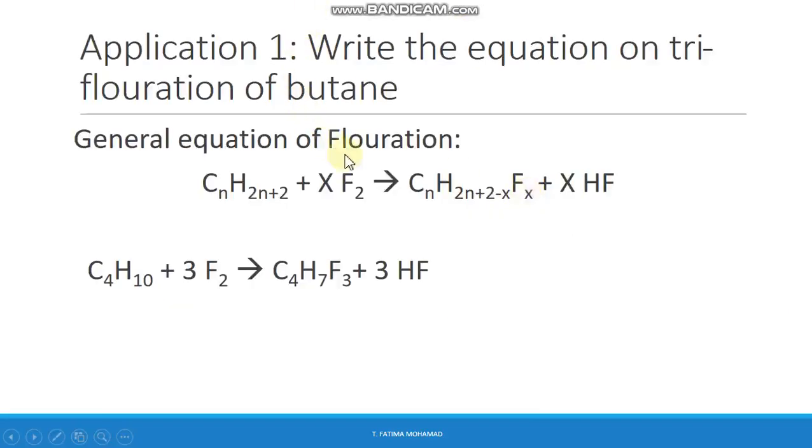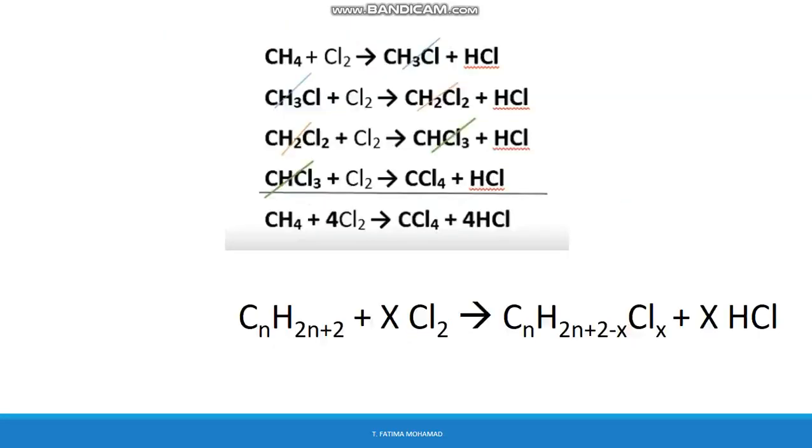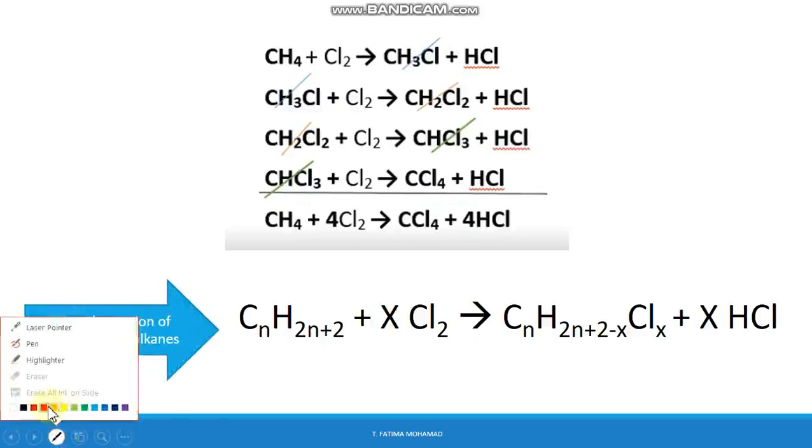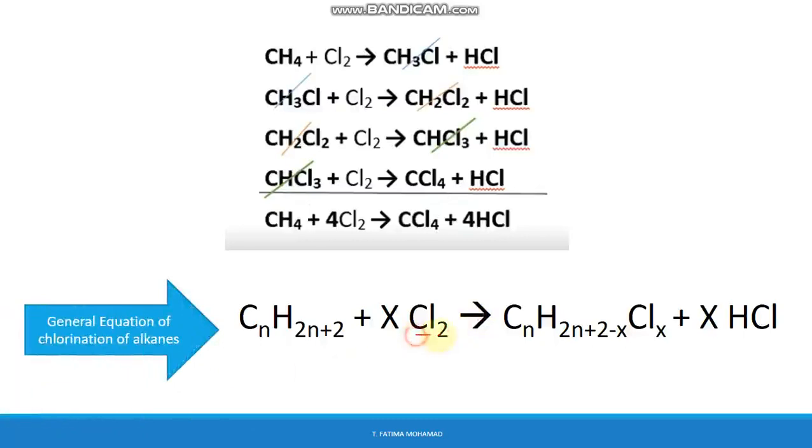Okay, here we have an application that says write the equation of trifluoration of butane. The general equation of fluoration is the same as the general equation of chlorination, and the same as the general equation of bromination. Here, instead of writing Cl2 you write F2, instead of Cl you write F, and instead of HCl you write HF.